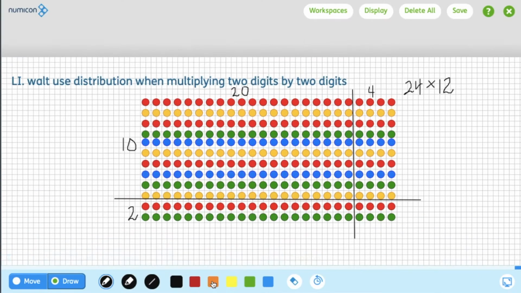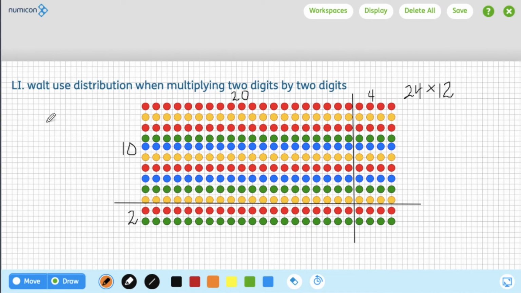So I have my first section over here, which is 20 times 10. Perfect. I'm just scaling up by 10, and I know that 20 times 10 is equal to 200. Over here, I have 4 times 10. So this is my second section, so I'll call it number 2.